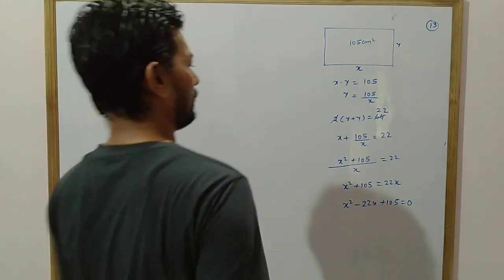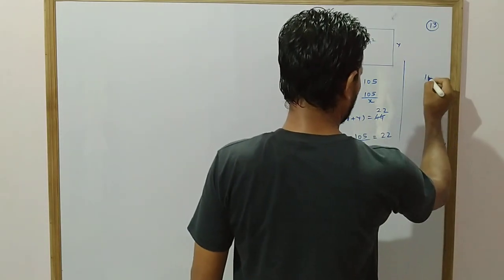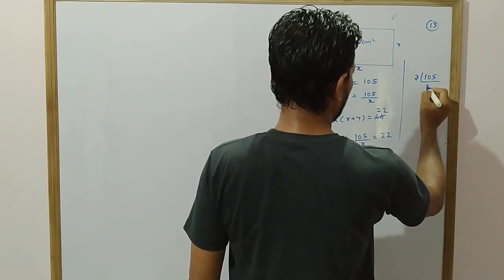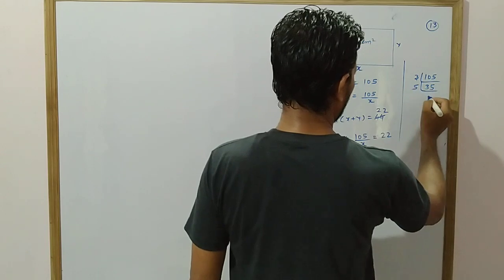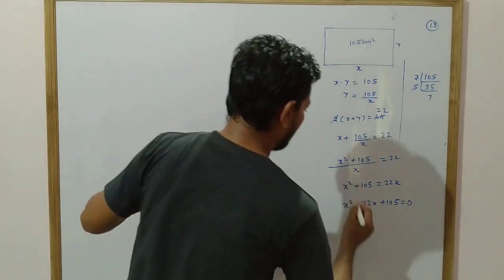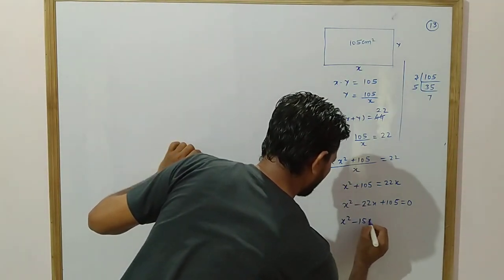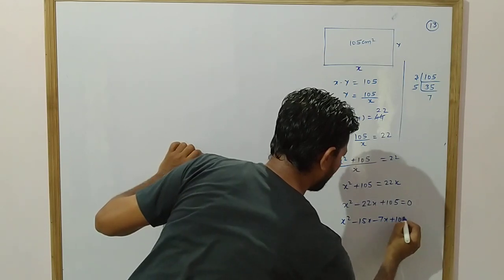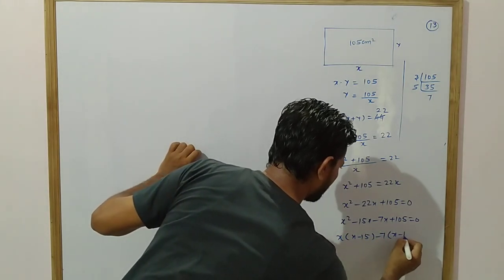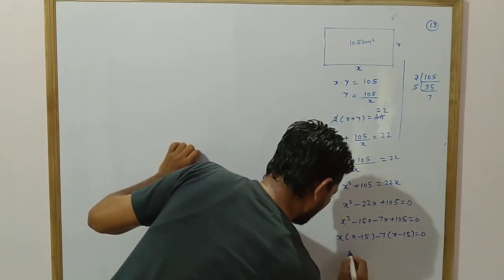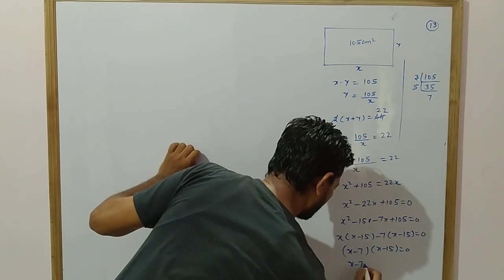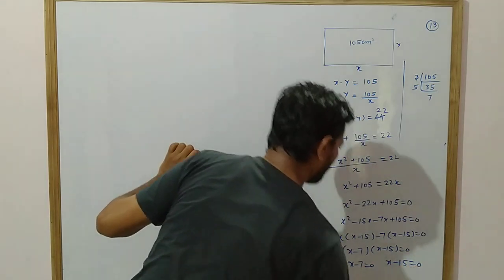Now, here the LCM of 105: 3, 5, 7. Our requirement is 22, so 15 plus 7. x² minus 15x minus 7x plus 105 equals 0. x common: x(x minus 15) minus 7(x minus 15) equals 0. So (x minus 7)(x minus 15) equals 0. x minus 7 equals 0, x minus 15 equals 0.